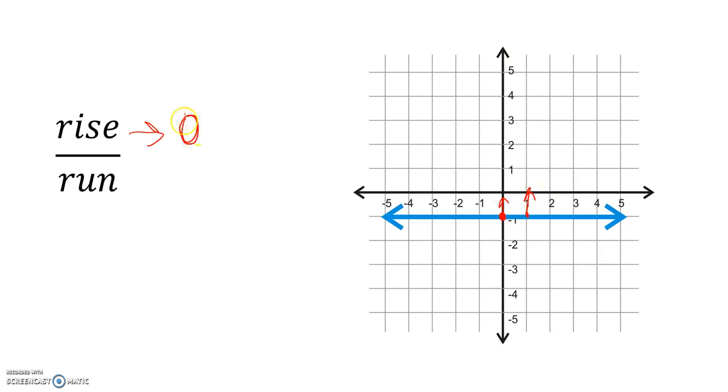So my rise in this case would be 0. My run could technically be anything, because I go on forever in both directions. So for example's sake, I'll say that I run 1 to get to my next point in line. So if I rise 0 and run 1, my slope would be 0.